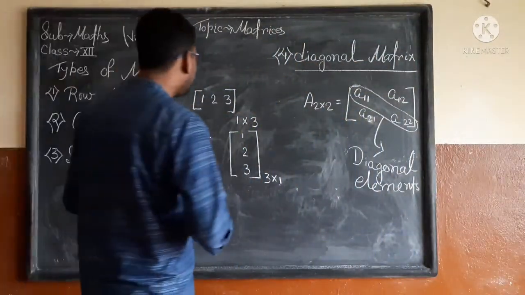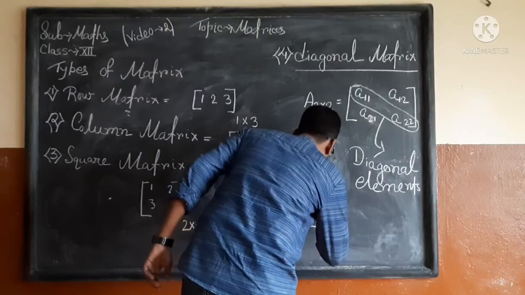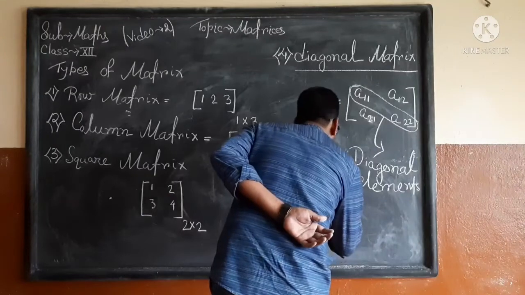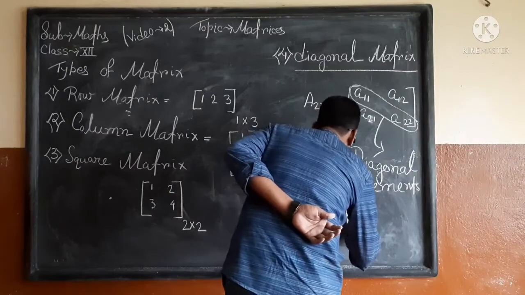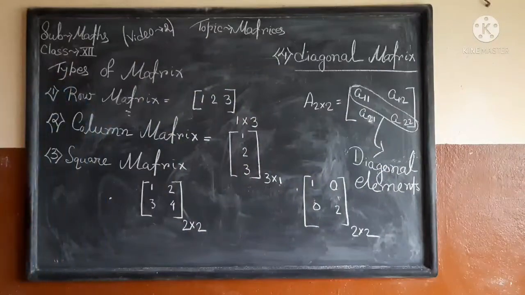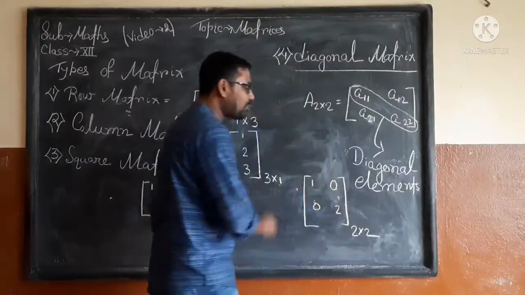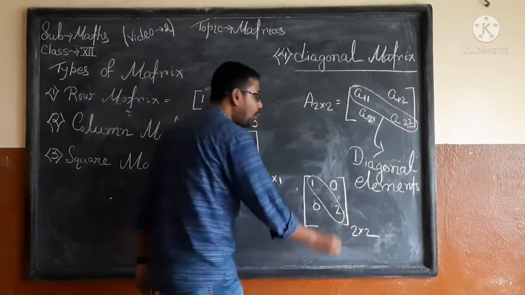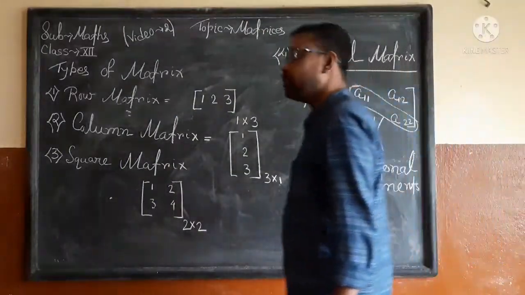That means if you consider the example, this is the example for the diagonal matrix, because if you consider all the elements of this matrix, except the diagonal elements, the value of all the non-diagonal elements is 0.